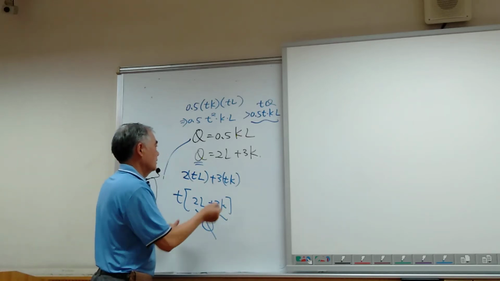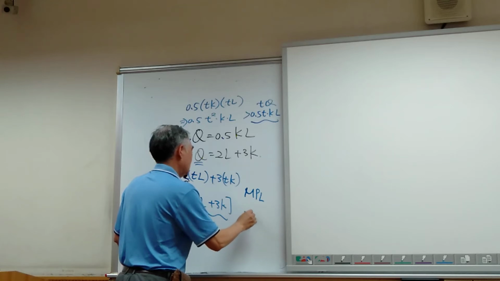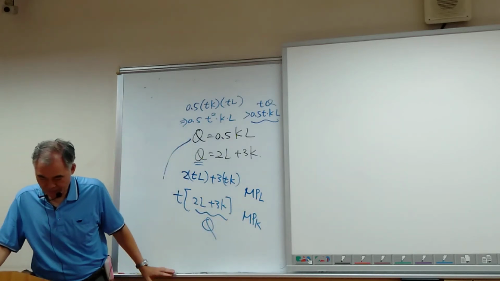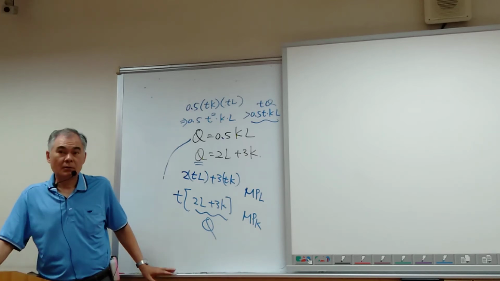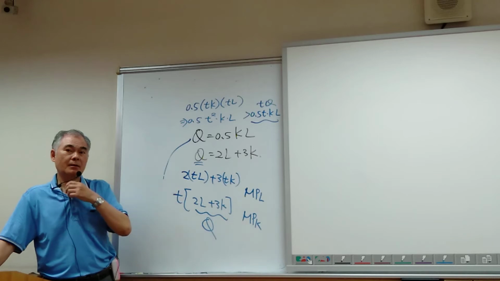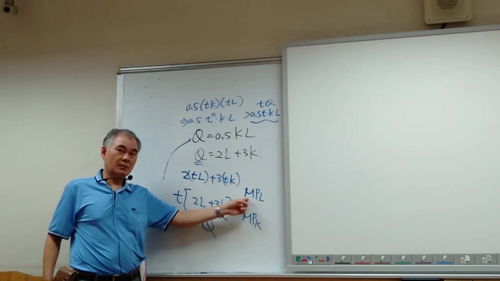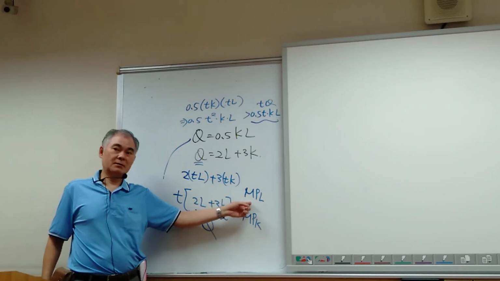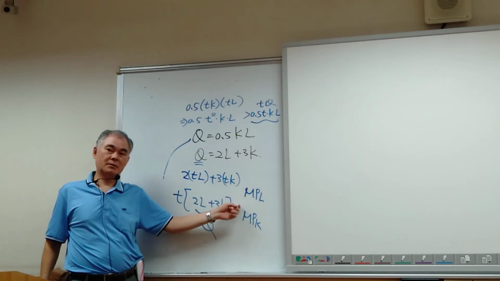Okay, then, can you tell me what is MPL and MPK? So what is MPL? What is MPL? MPL is equal to K. In this case, what is MPL? 2.